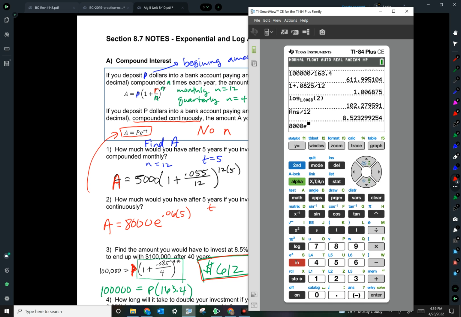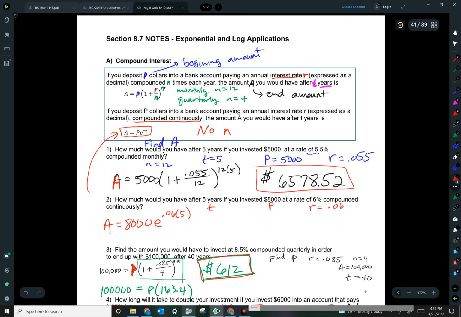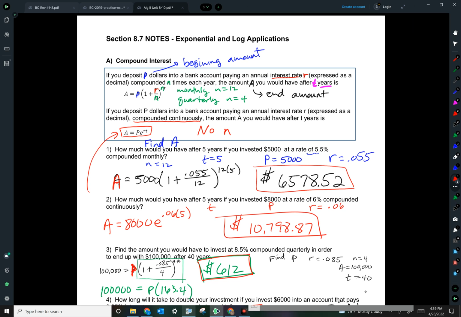E to the 0.06 times 5. And I'll end up with $10,798.87, and that is money. So start with 8,000, all I have to do is leave it for 5 years, and it'll turn into 10,700-ish.